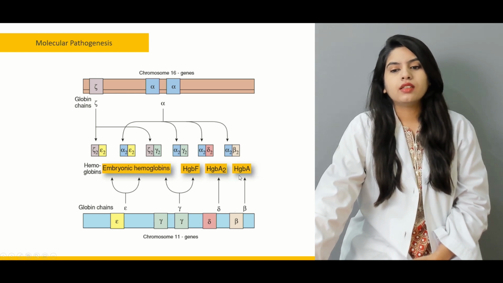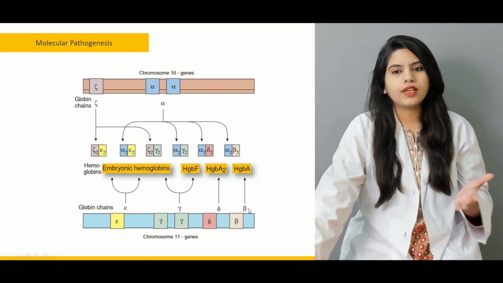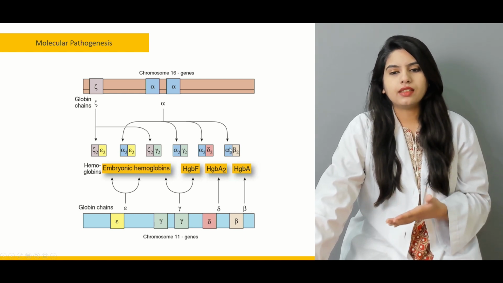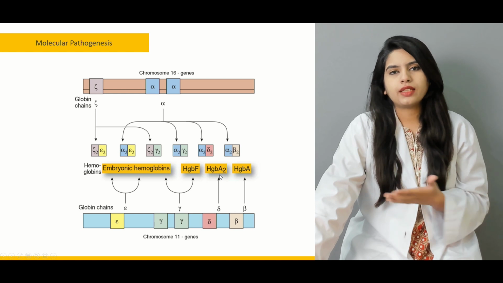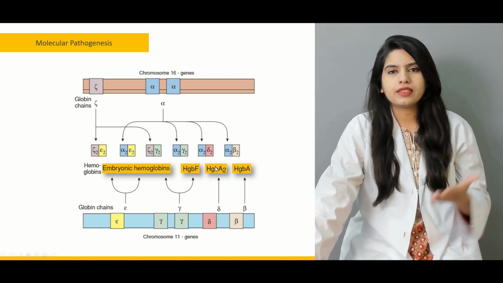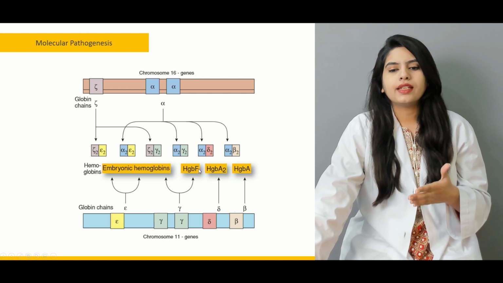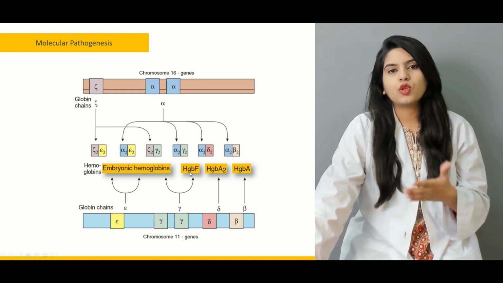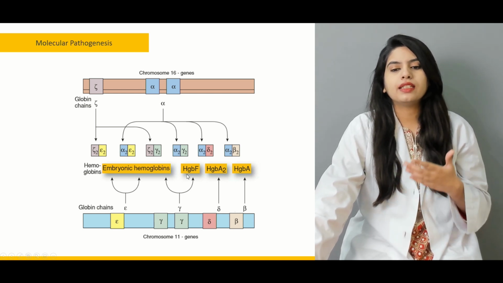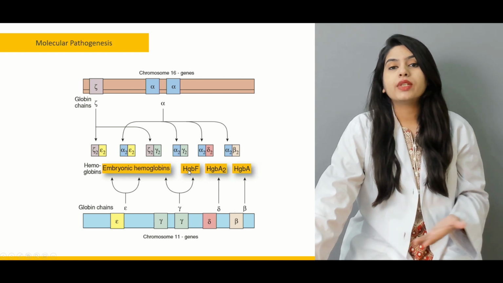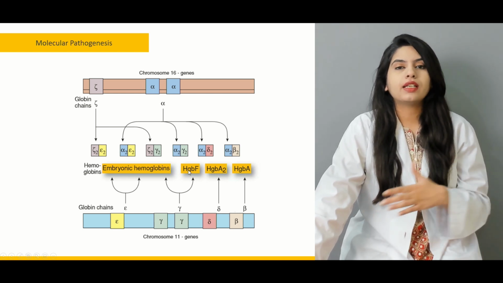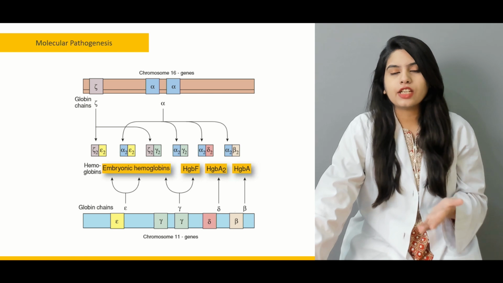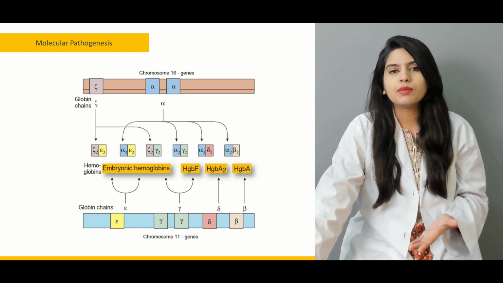That is hemoglobin A, that consists of two alpha and two beta chains, and then A2, that consists of two alpha chains and two delta chains. Then hemoglobin F, that consists of the gamma chain along with the alpha chain, or maybe they consist of the zeta chain as well, like in the case of the Portland hemoglobin.